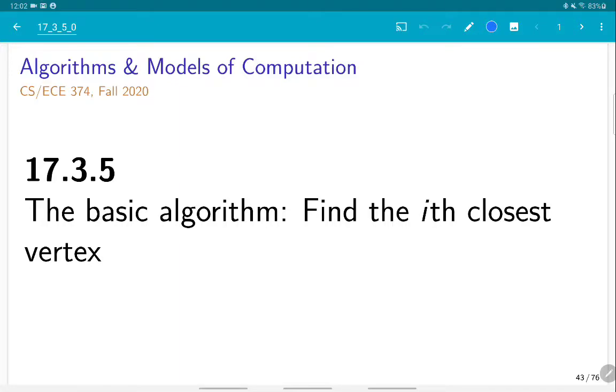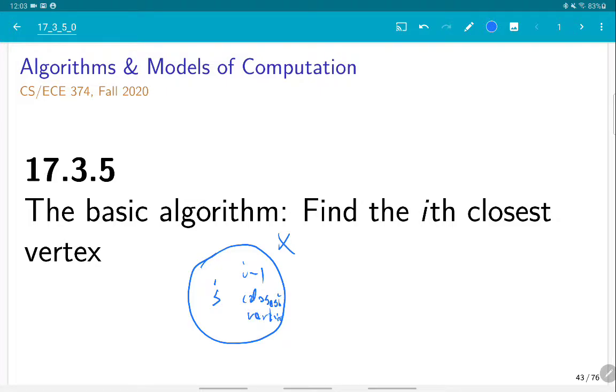Okay, so the basic algorithm for shortest path now follows these two ideas of this refinement with BFS and the continuous Dijkstra. The idea is that we have the source vertex, and let's assume that we already know the group of I-1 closest vertices.